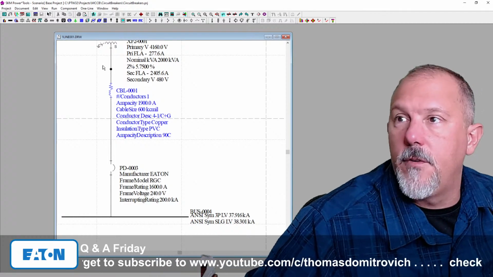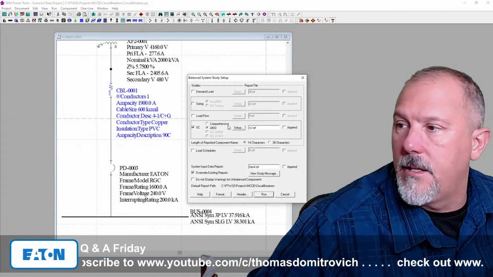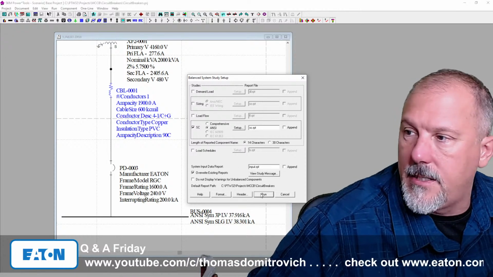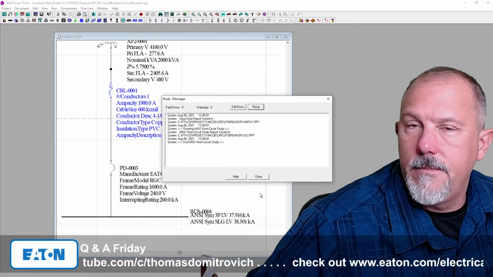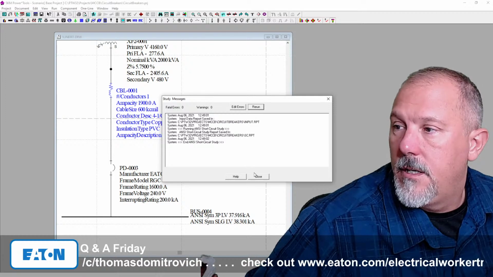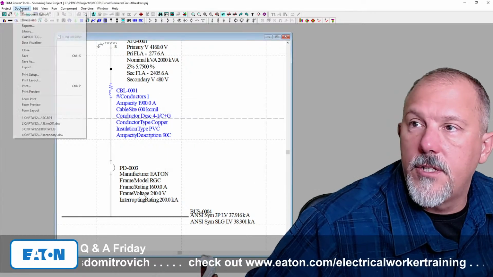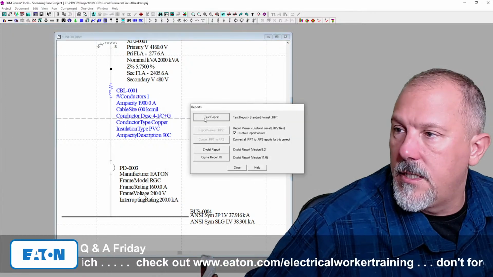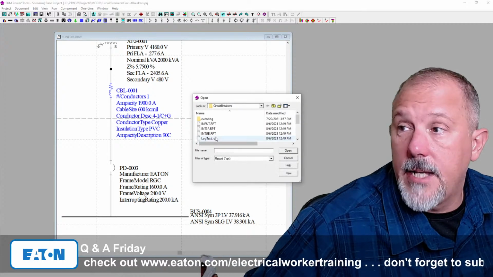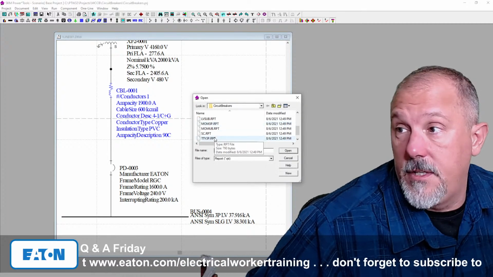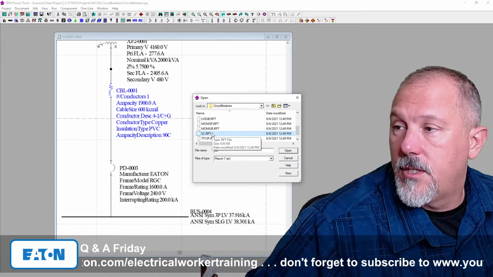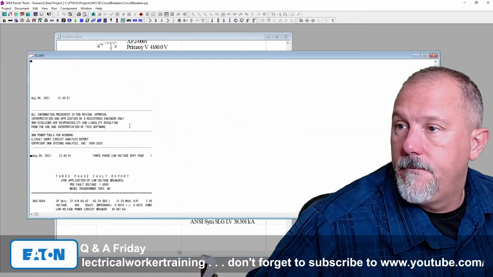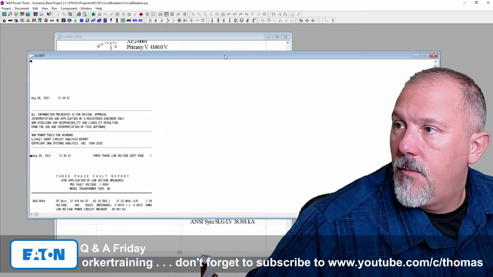So there's my available fault current. I'm just going to run this again, balanced short circuit study. I'm doing an ANSI, using the A fault. I hit close, and I'm going to go to document and reports, text, and take a look at, just for this small example, short circuit. What bus number is this?